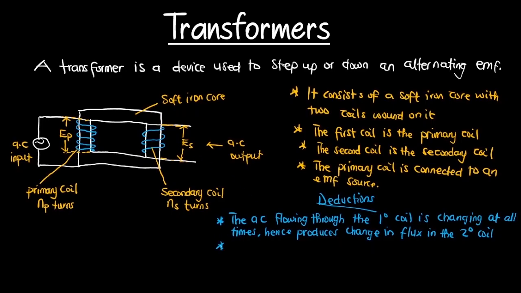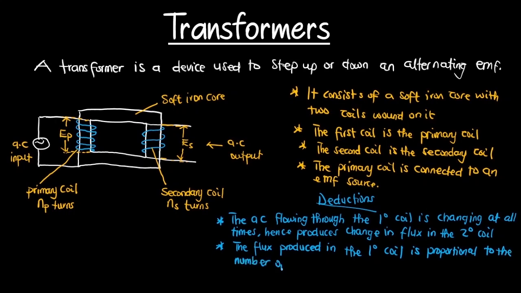So let's quickly write that. The flux produced in the primary coil is proportional to the number of turns, NP, and the current IP, which means the current in the primary coil.